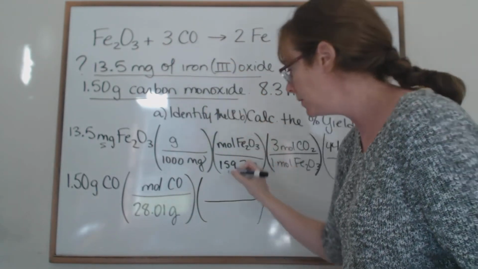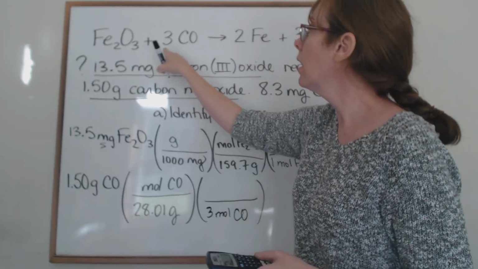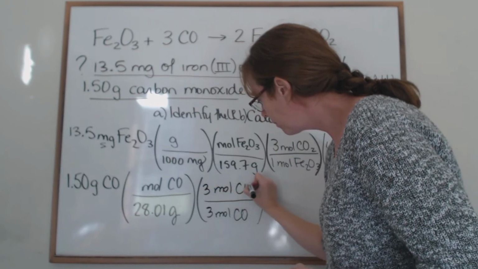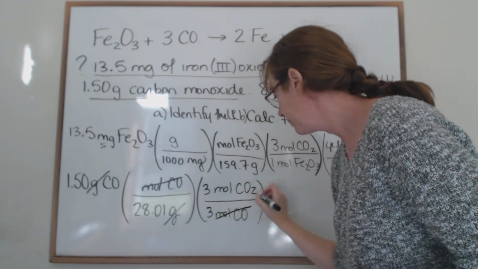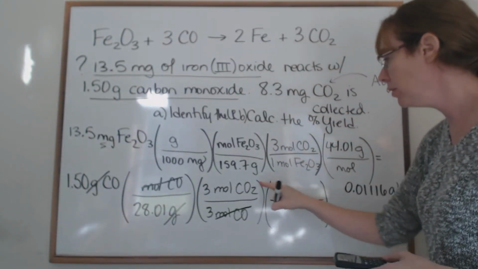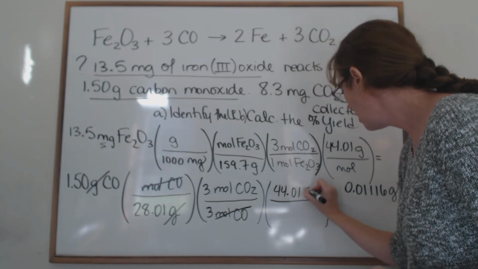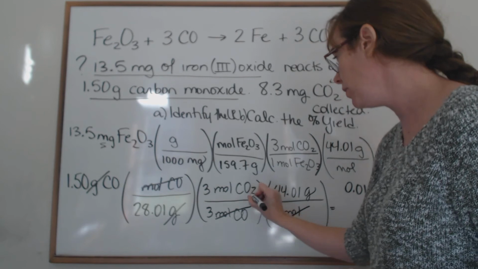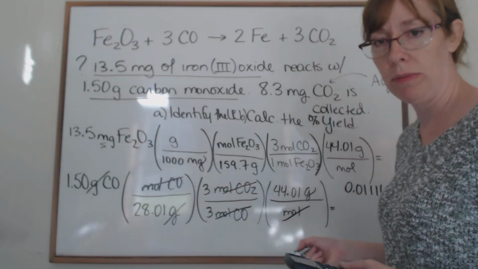So for every 3 moles of CO, I can make 3 moles of CO2. Kind of watching my units cancel. And the molar mass of CO2 is still 44.01 grams per mole. The reason this dimensional analysis is a little shorter is because we didn't have a metric conversion, but no big deal.